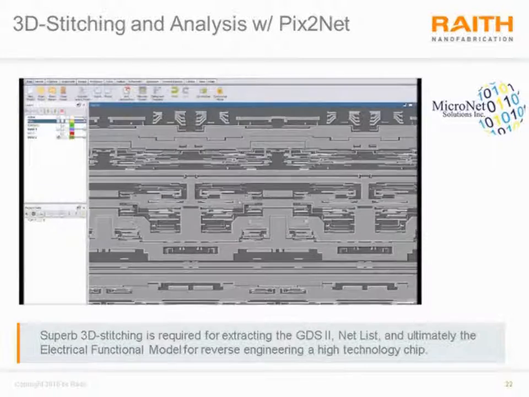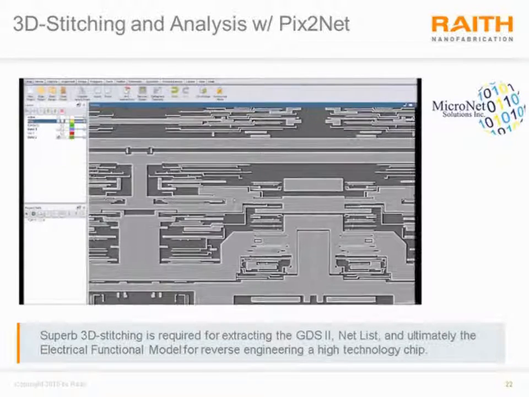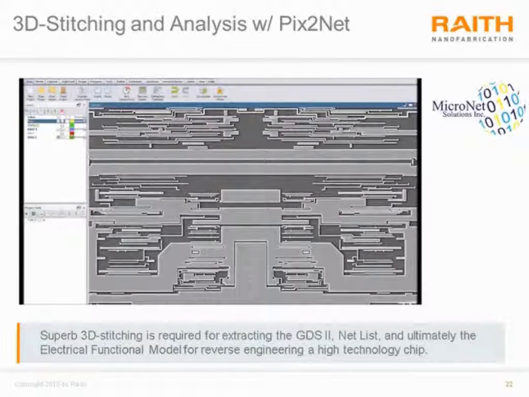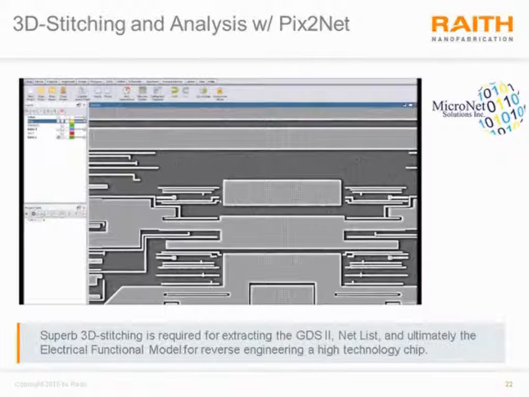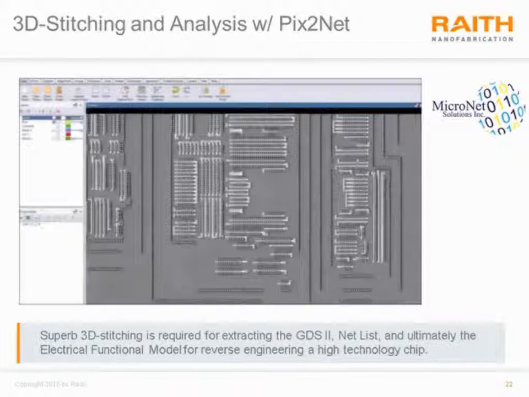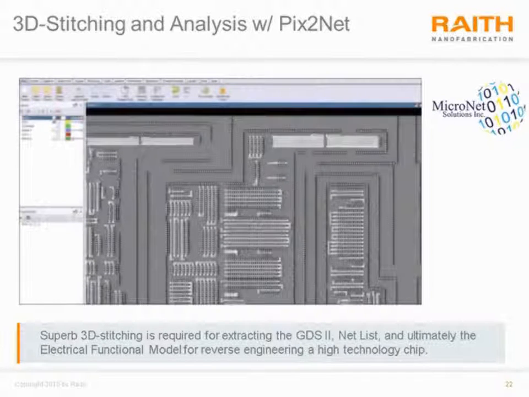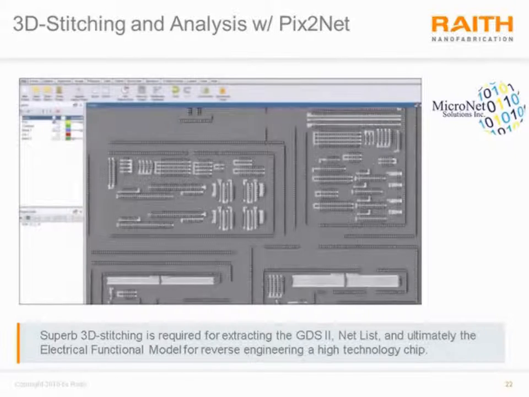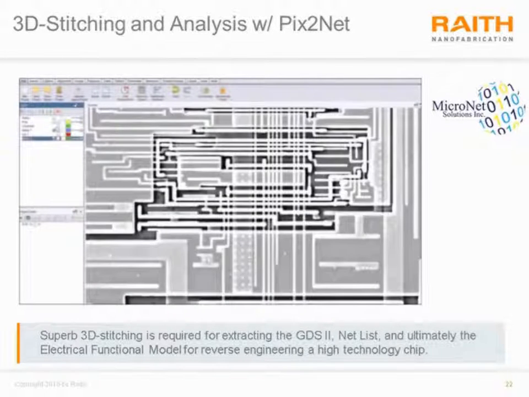So here we are panning around metal layer 2, and this is a 50 and now a 20 micron scale bar. There are no stitching errors observable in metal layer 2. And so we're going to slowly zoom in now. We're looking at the poly layer. This shows the high resolution imaging capabilities.